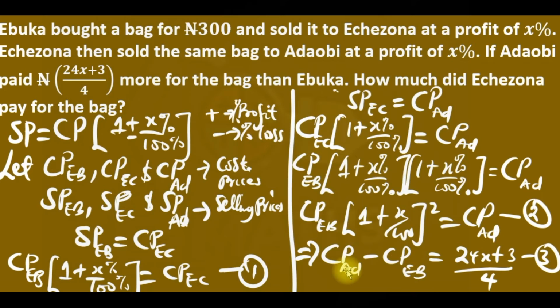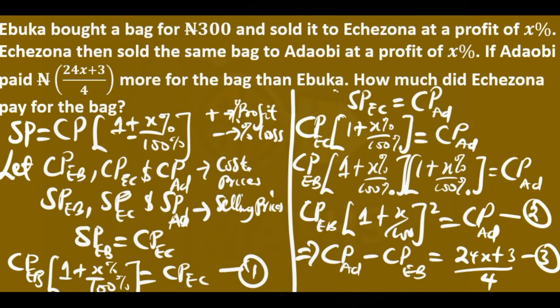We now have CP Ebuka times (1 plus x over 100) squared minus CP Ebuka equal to (24x + 3)/4. Do you get it? I substituted the cost price of Adobe, written in terms of the cost price of Ebuka.